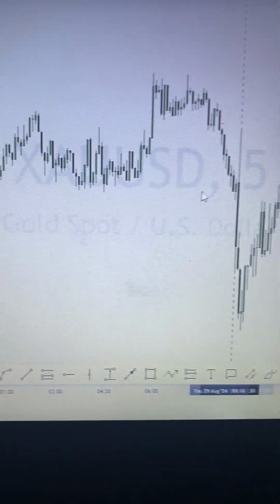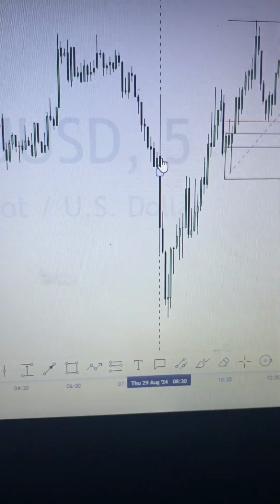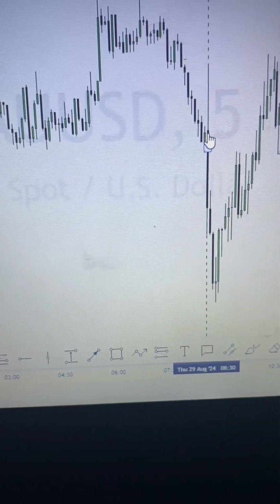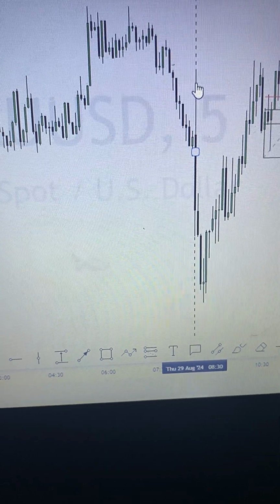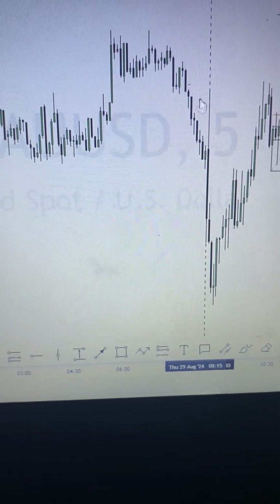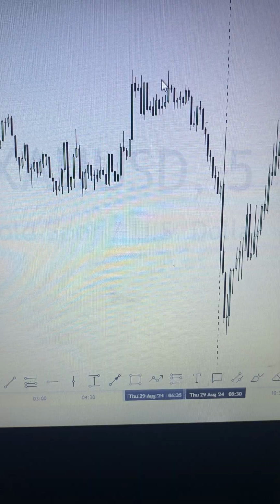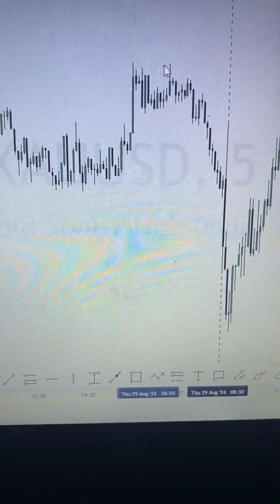So here's another day. This is 8:30 right there, as you can see below the 8:30. So we open here, we go up, we come back down. When we go up, we do not take out buy side. This is equal lows, equal highs, by the way. They are beautiful.